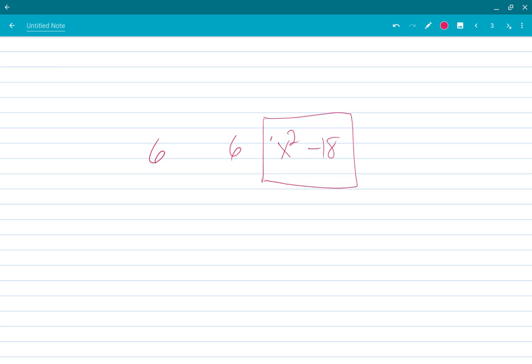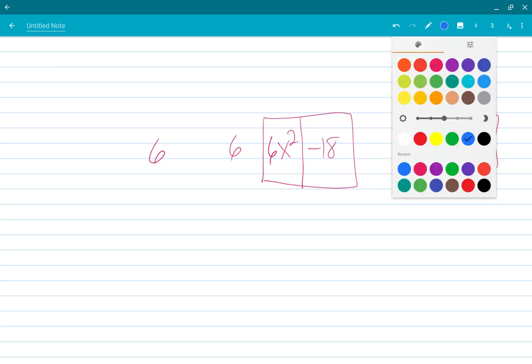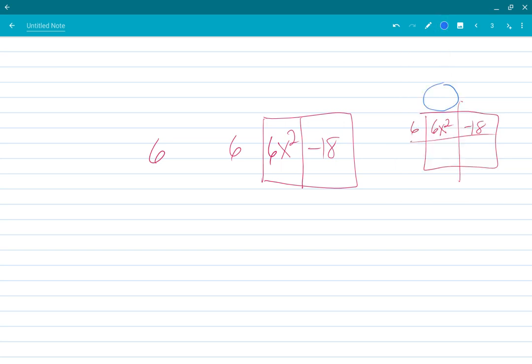So all you need is to think of the box, like that. But this one is actually only a 2, it's only this part. If you have a 6 here, then I'm going to change colors. What number times 6 equals 6x squared?